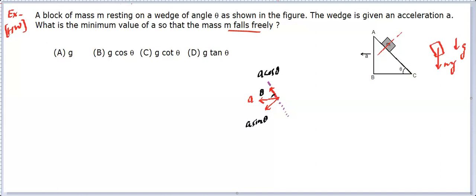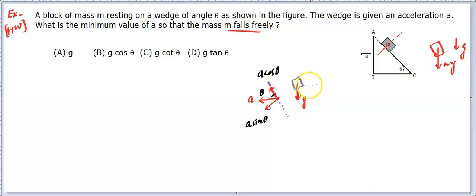Now come to this block. This block is going to move downwards with acceleration g, and so does the contact point, moving downward with acceleration g.